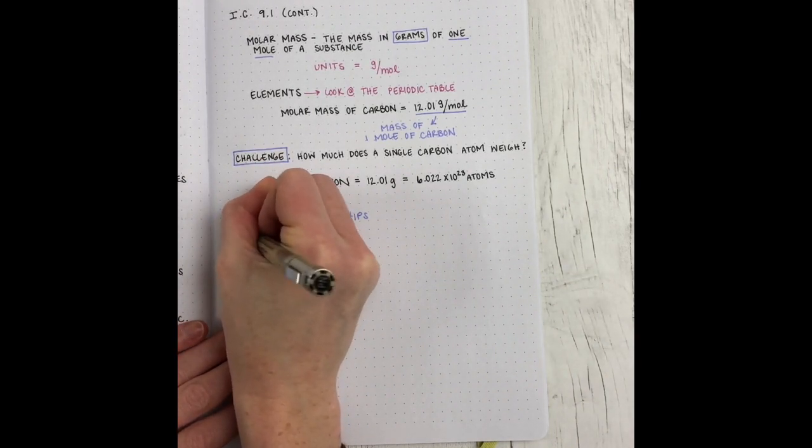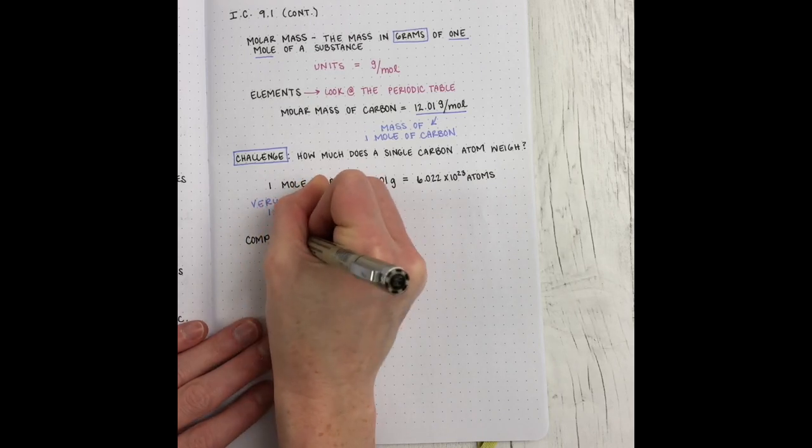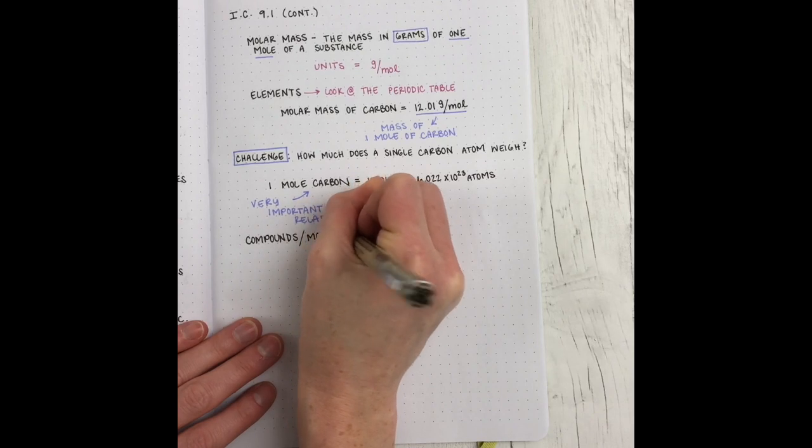Okay, now let's talk about calculating the molar mass of compounds, which again, slightly more complex, but still pretty straightforward. Compounds are made up of multiple elements.